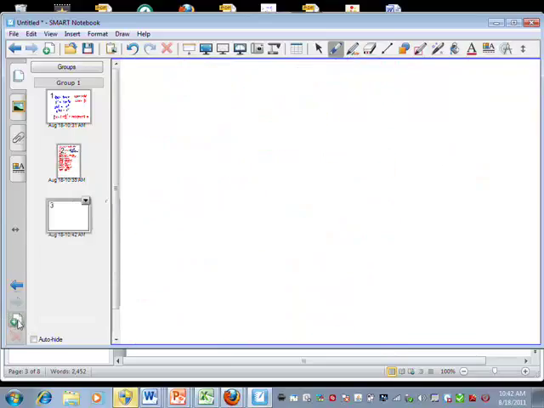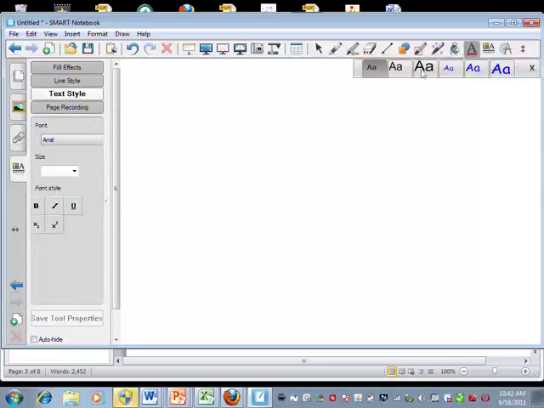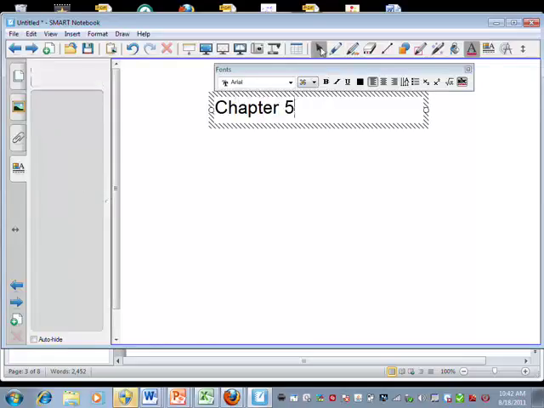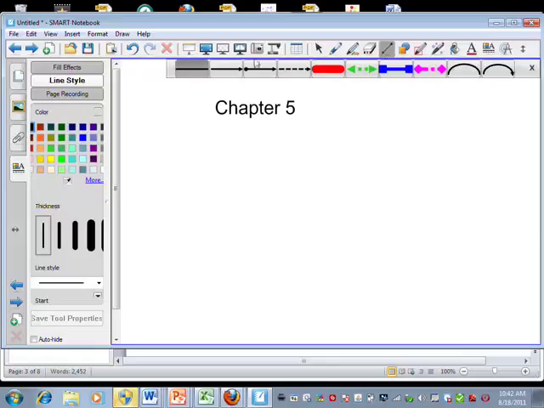We are going to start in chapter 5. The question is now, we want to have a function, and we want to find the area under that function.